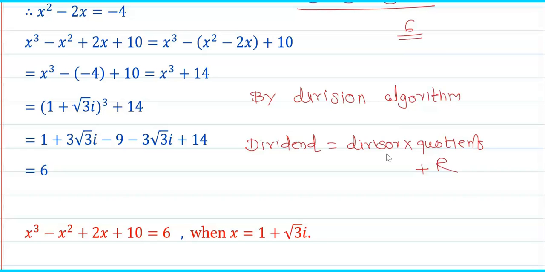Now, dividend means what? This whole polynomial, x raised to 3 minus x square plus 2x plus 10.